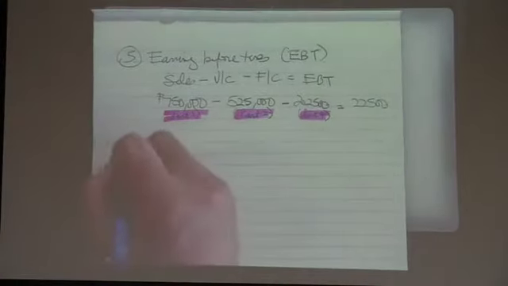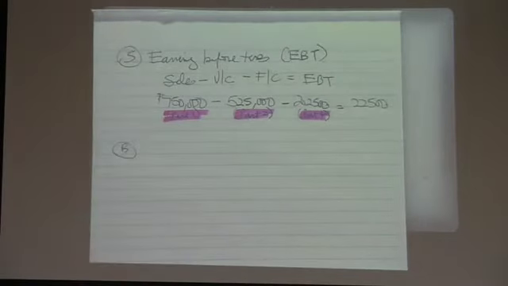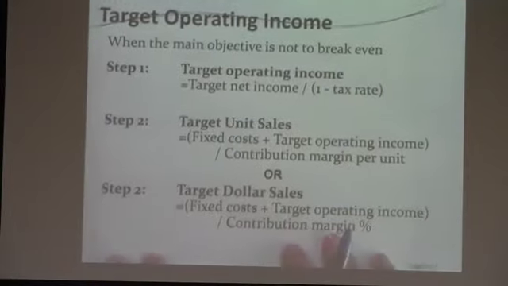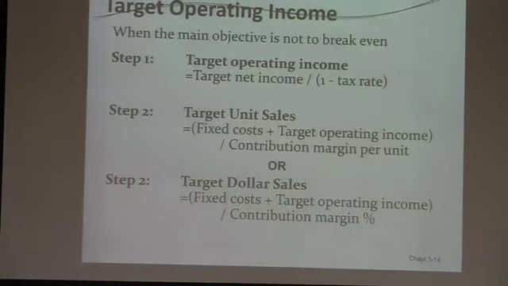Now, part B asks the question, what would be the sales volume that Fong needs to hit to achieve a $36,000 income after tax? Okay, so what we're dealing with here is the targeted operating income. When the main objective of the organization is not to break even, then we need to figure out what target sales dollars we need to hit by using the following steps.